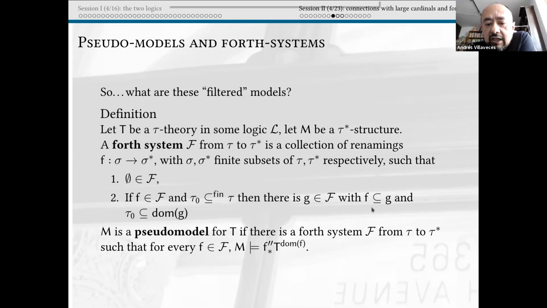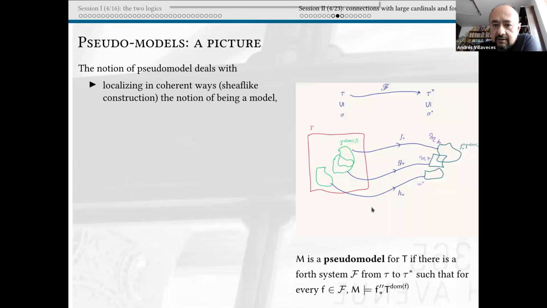So maybe it should be M star because it's on the star side. Now there is a picture here, on the right. You have tau and tau star, the system. You have sigma and sigma star, small finite subsets. Then you have your theory, for which you're somehow trying to get a model.